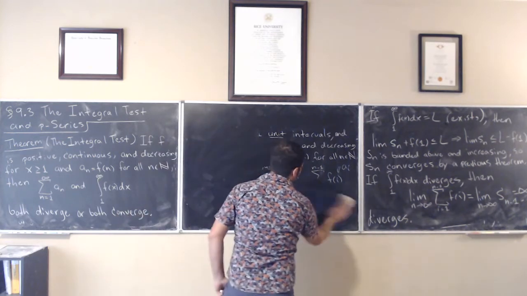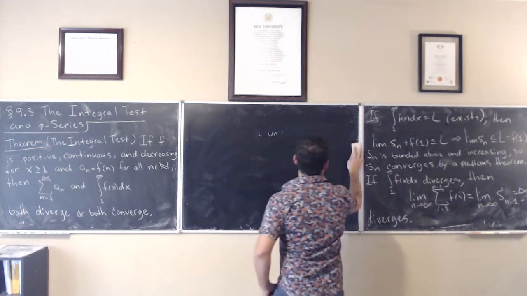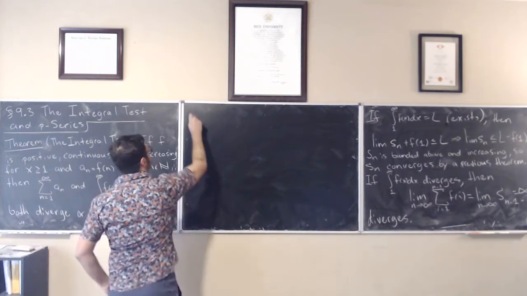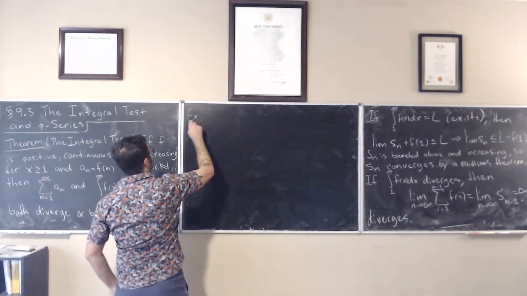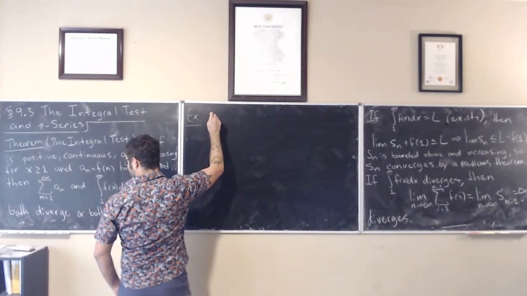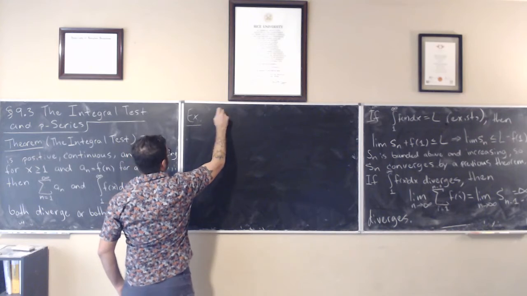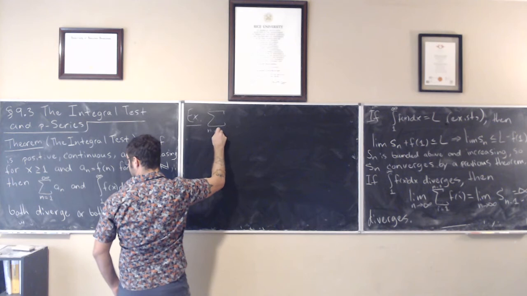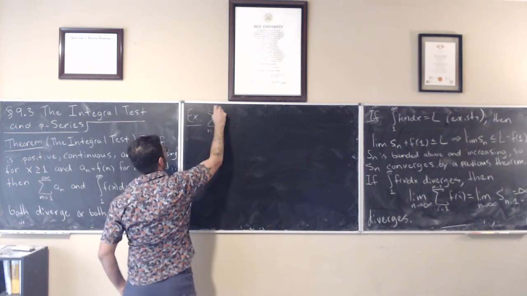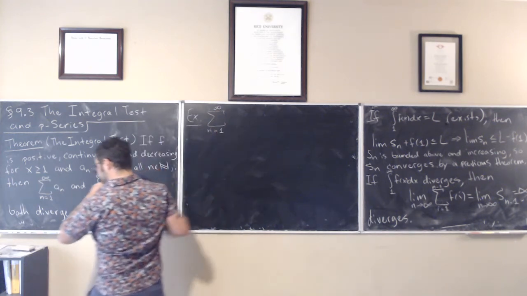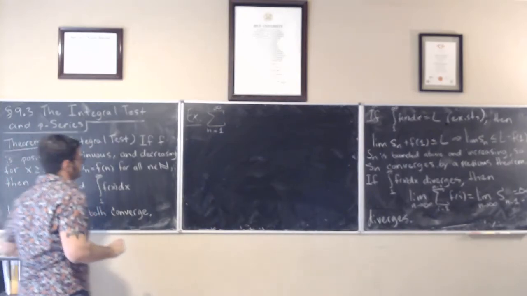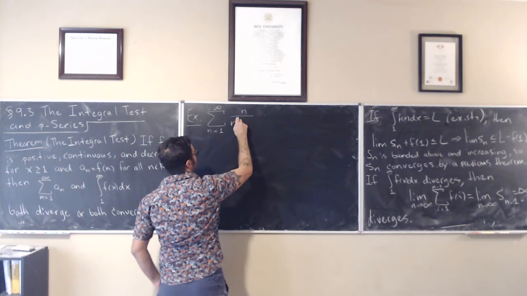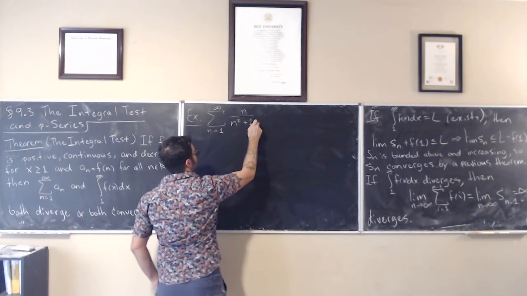Okay, but what you probably are wondering about is how to use it. So let's look at an example. So maybe let's look at the infinite sum from n equals 1 to infinity of n over n squared plus 1.